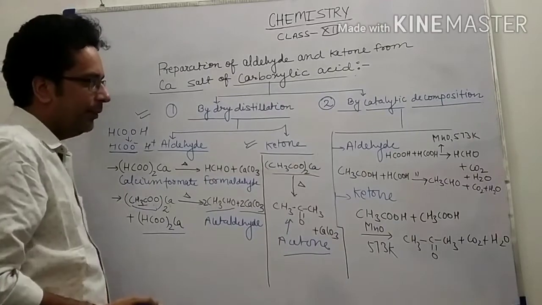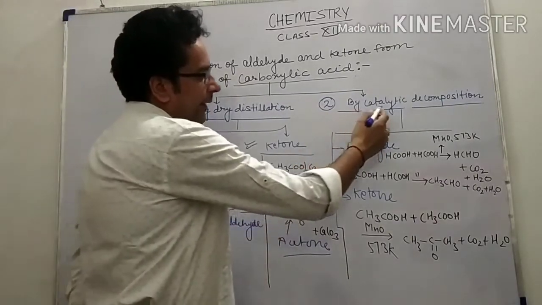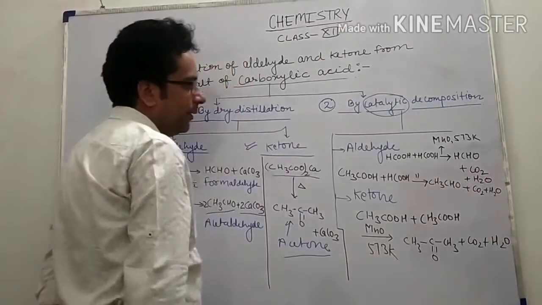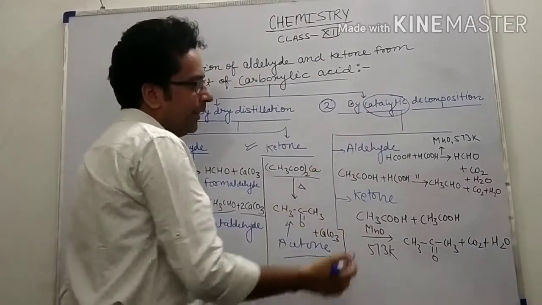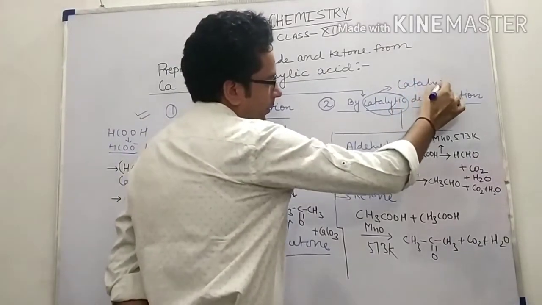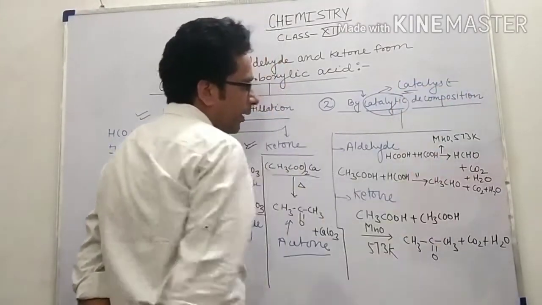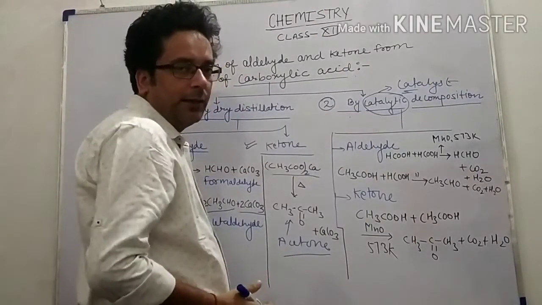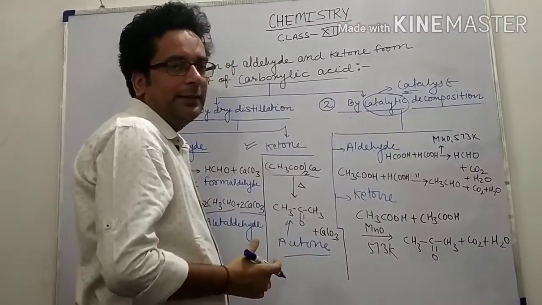Now the second one, look here, is by catalytic decomposition. Catalytic decomposition means the reaction proceeds in the presence of a catalyst. Now in this reaction simply carboxylic acid is taken as a reagent.